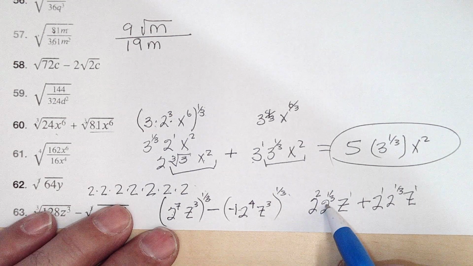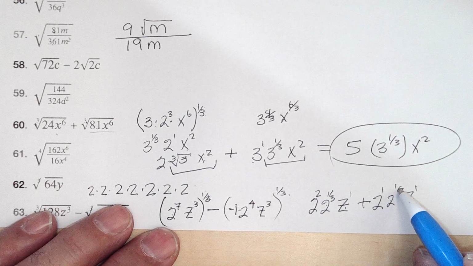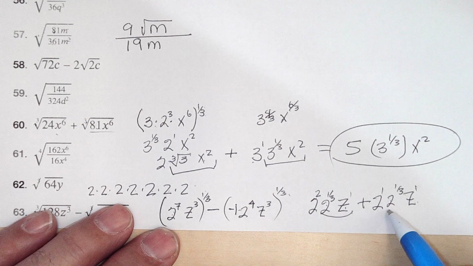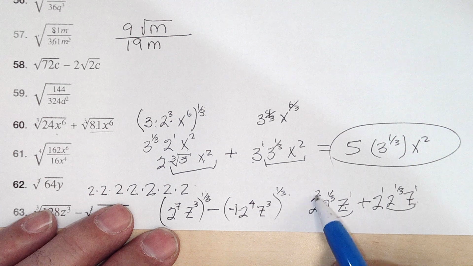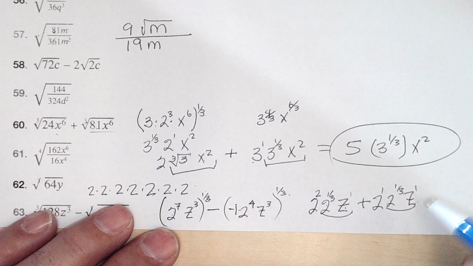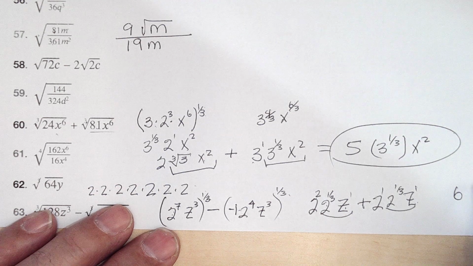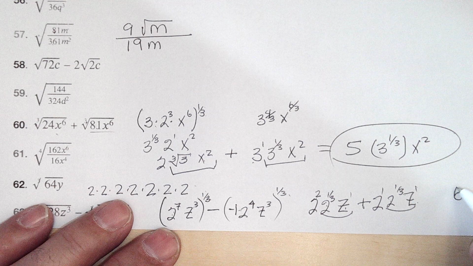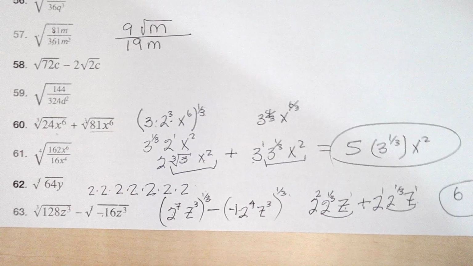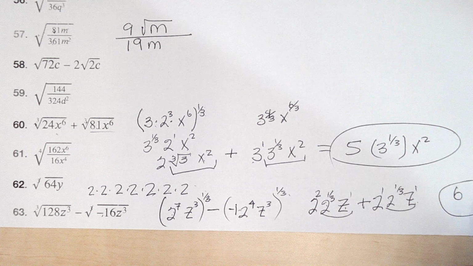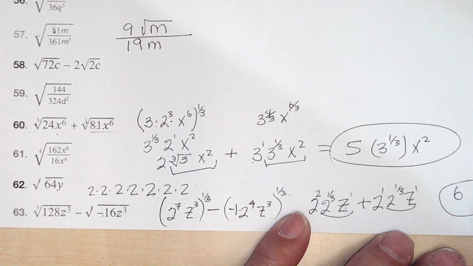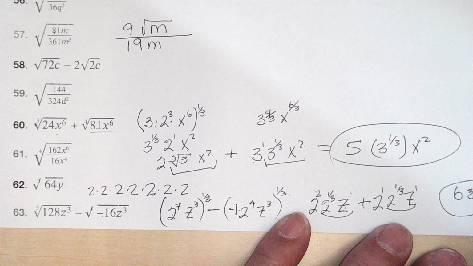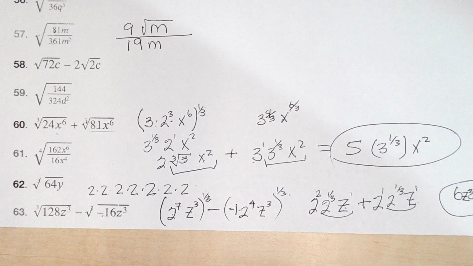So we got the cube root of 2 times z, cube root of 2 times z. So this is identical to this. And we got 2 squared of 4 plus 2 is 6 of the cube root of 2 and a z. I can put the z in there. There we go.